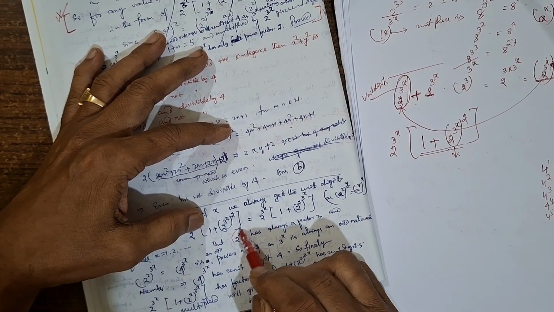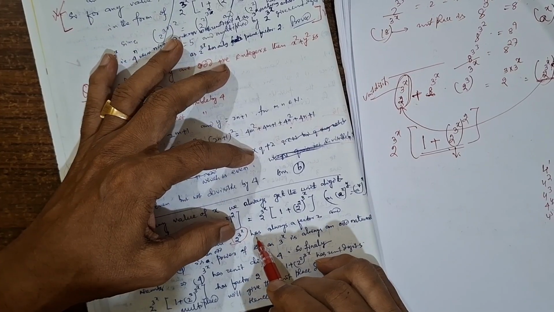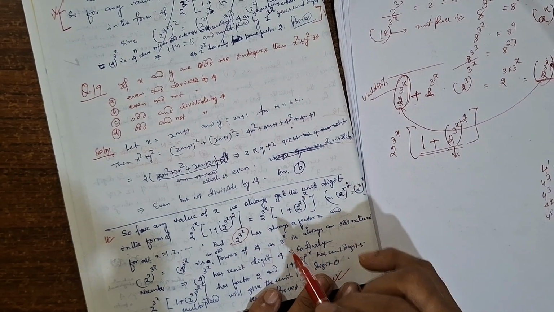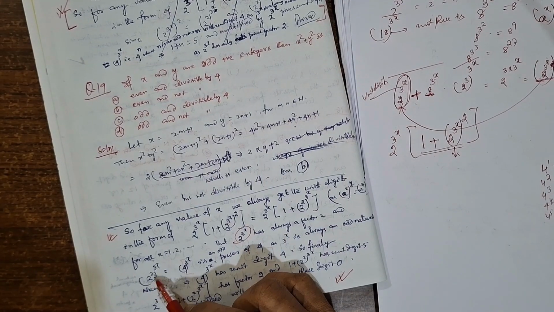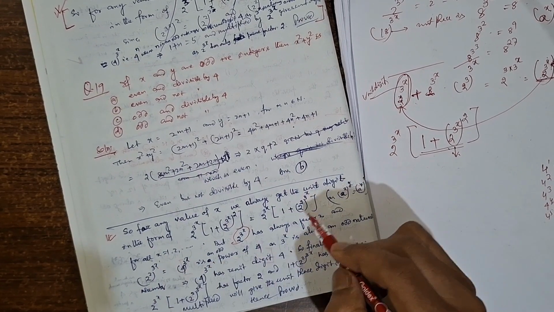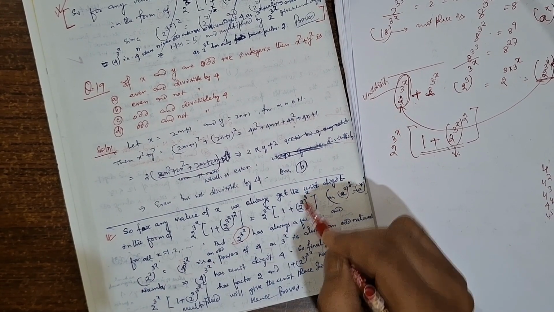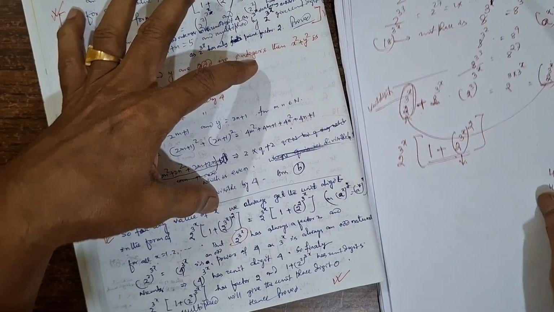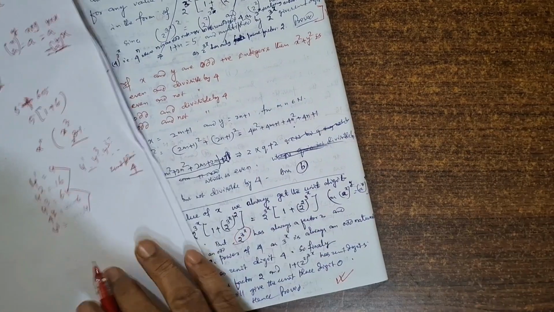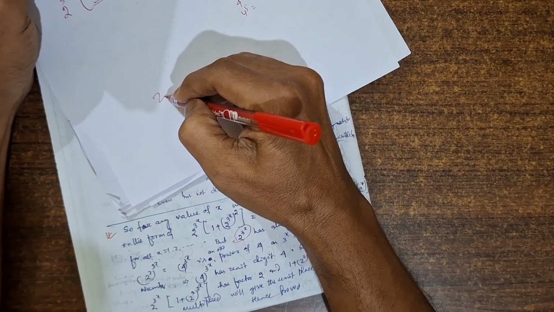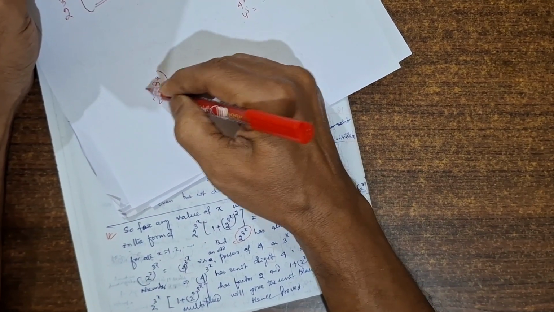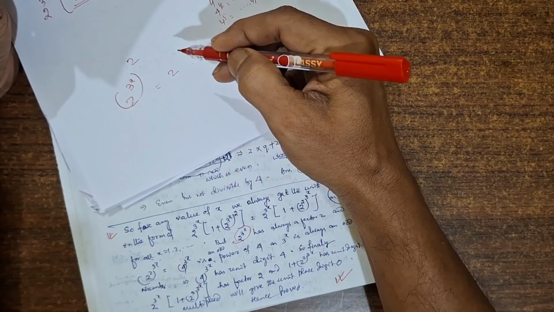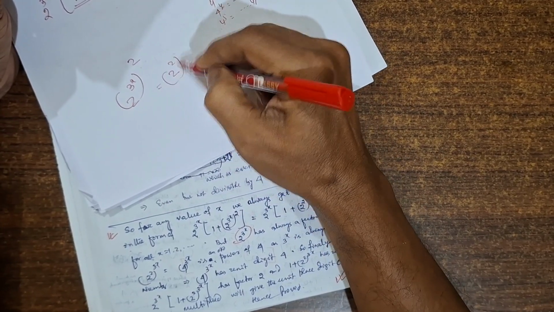It is a unique prime factor, only 2. This 2 to the power 3 to the power x whole to the power 2 is changed to 2 to the power 2, 2 to the power 3x.